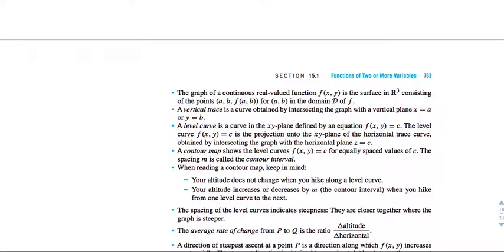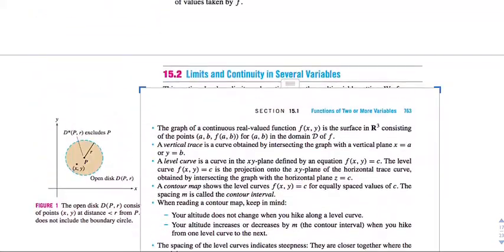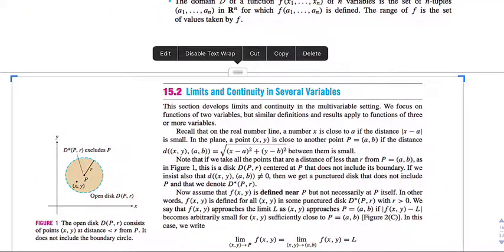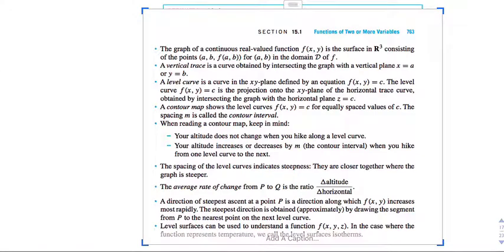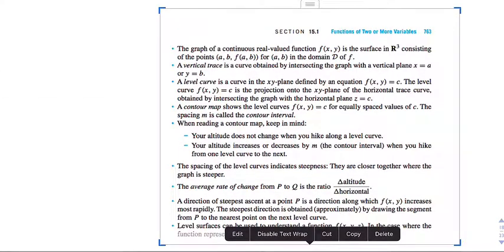Oh, this needs to go up. I thought that looked a little strange. I think that this goes here.